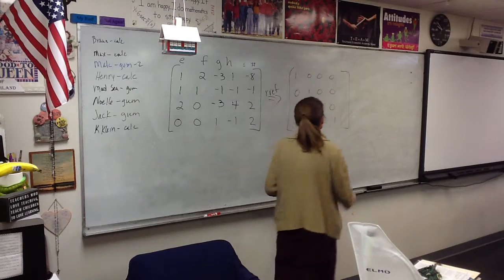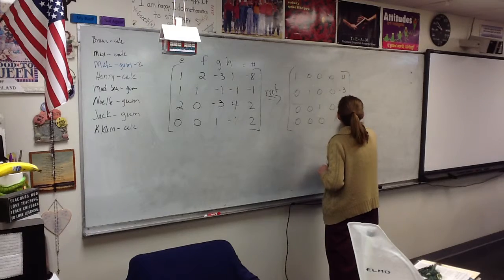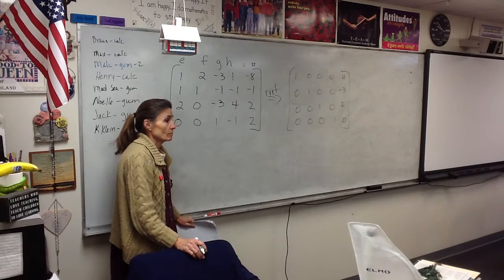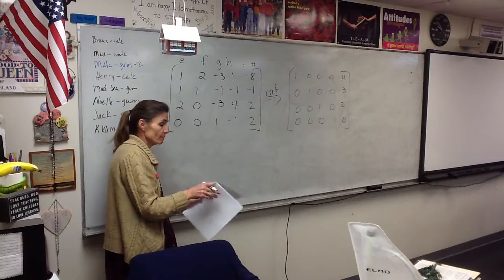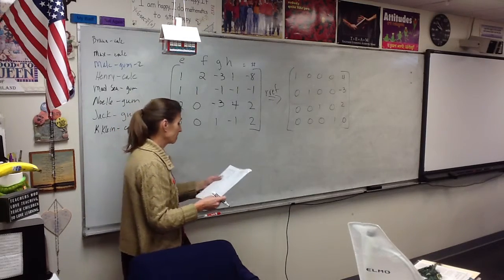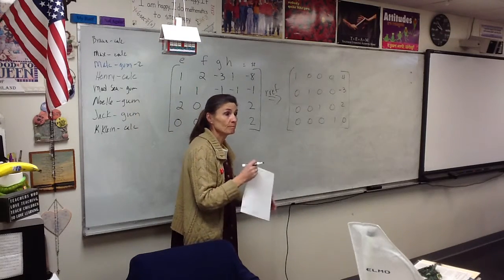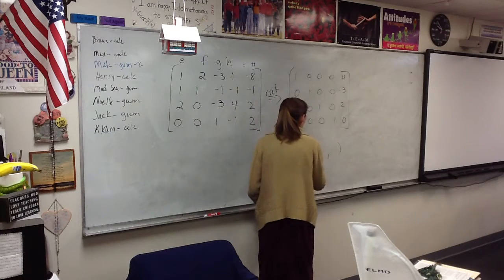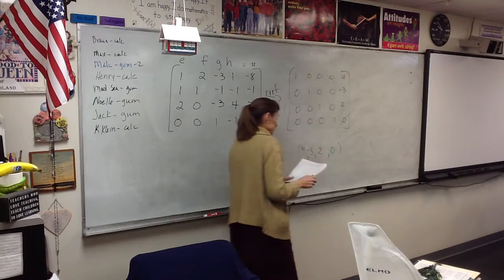What's that last column? 4, -3, 2, 0. Did anybody else get that? Is there anything else I need to write down? Oh, those numbers. I need to write down my answer. And my answer will be 4, -3, 2, 0.